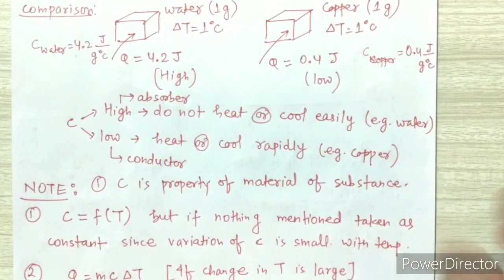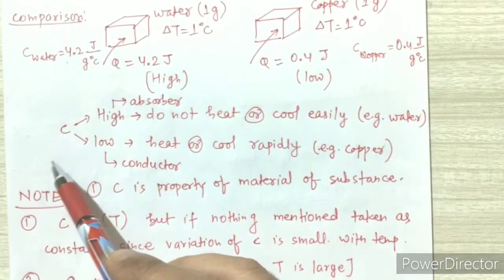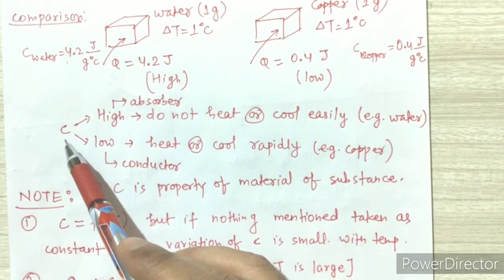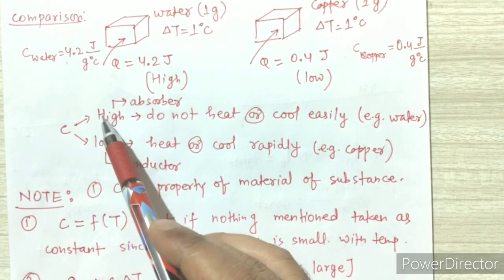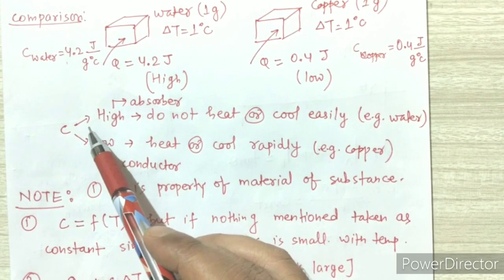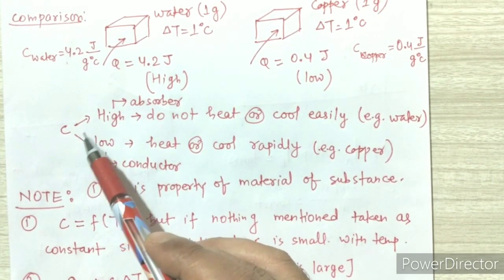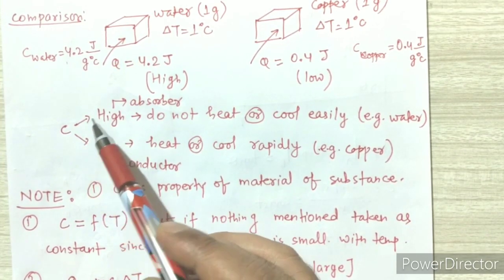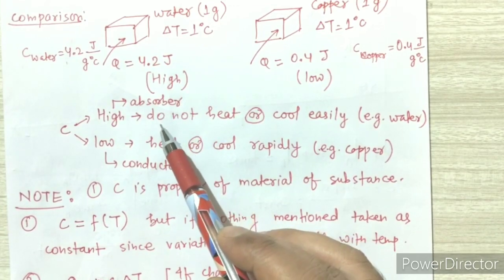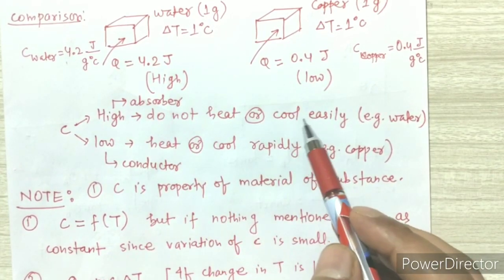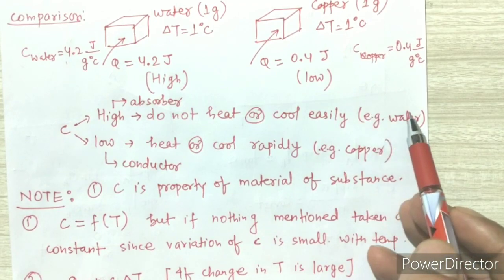So what does it mean? For some substances specific heat can be high, and for others it is low. If a substance has high specific heat, it means that it does not heat or cool easily. For example, water.